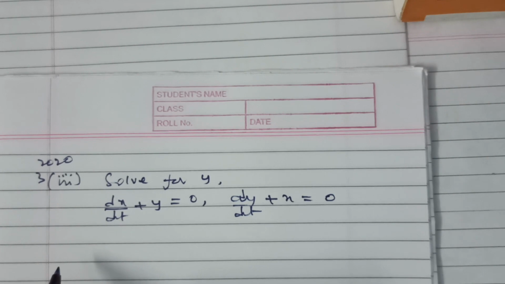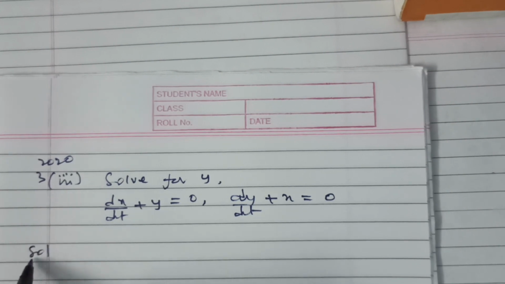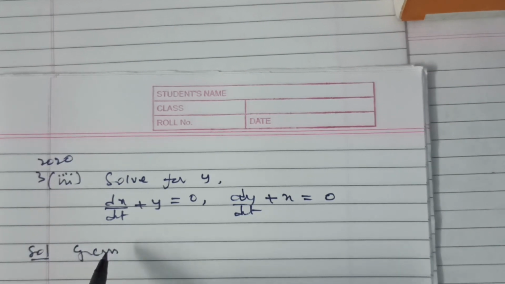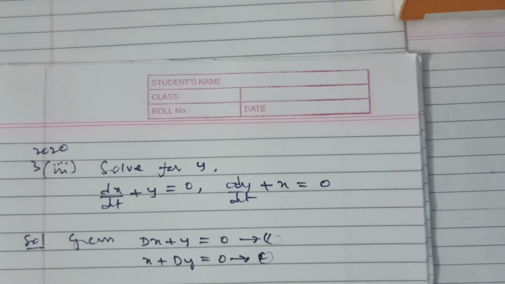So in this problem, to find y value, eliminate x. So given Dx plus y is equal to 0. Next, second equation, x plus Dy is equal to 0. This is first equation and this is second equation.